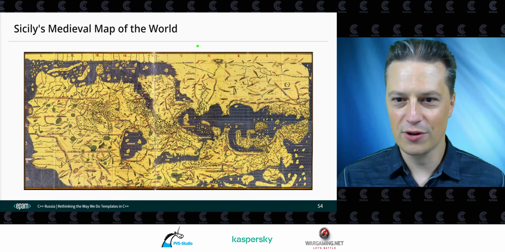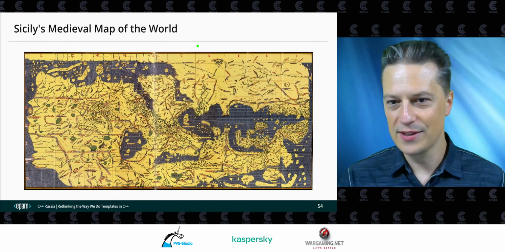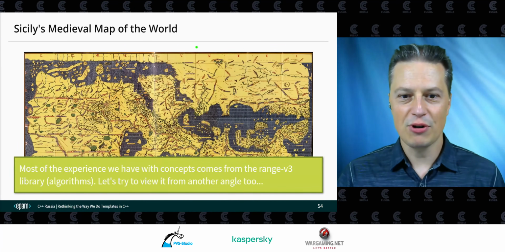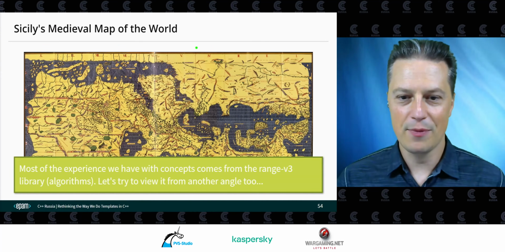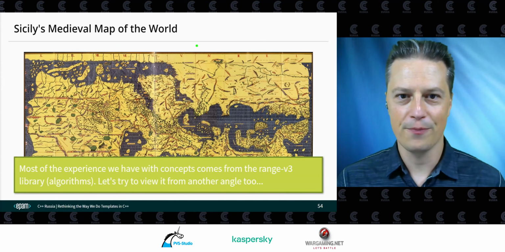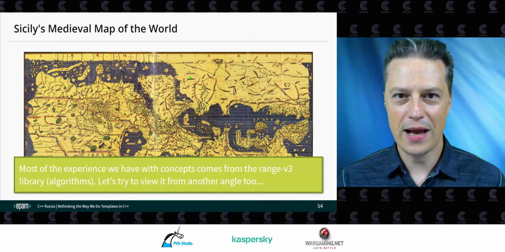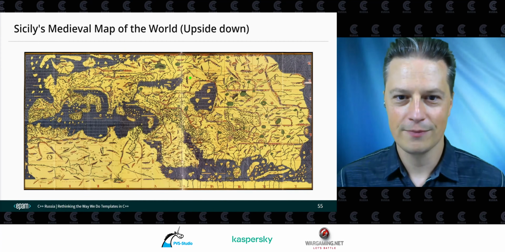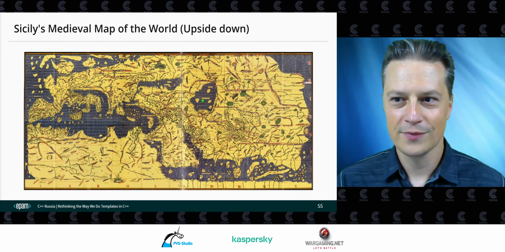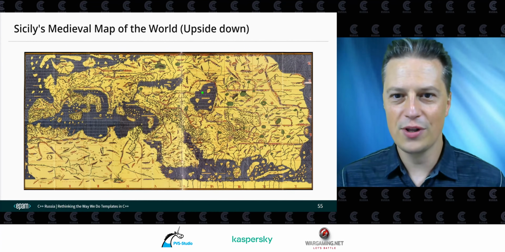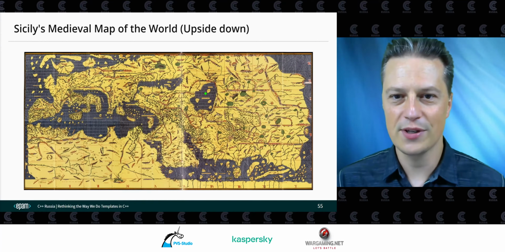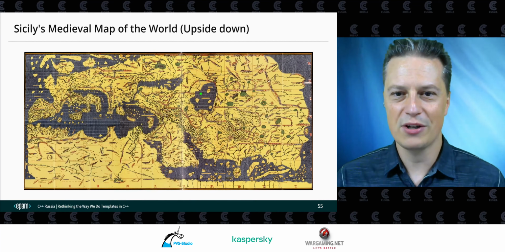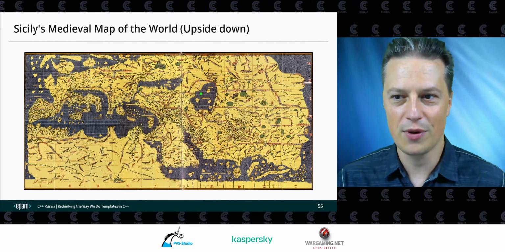Can you maybe recognize some lands here? Let's try to look at this map from another angle. This is the same map upside down. Does it look more familiar now? I believe so, right? So maybe you should also look a bit differently at the concepts and at the experience we have with them. Of course, ranges and algorithms were great work, and we learned a lot from those.